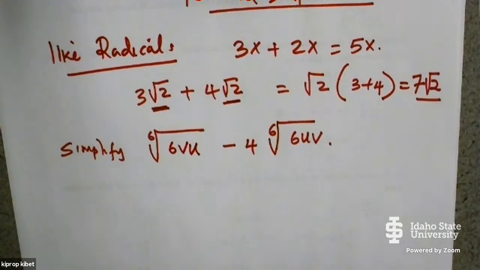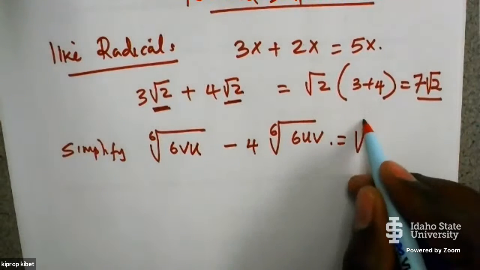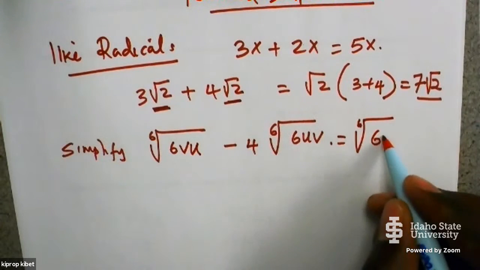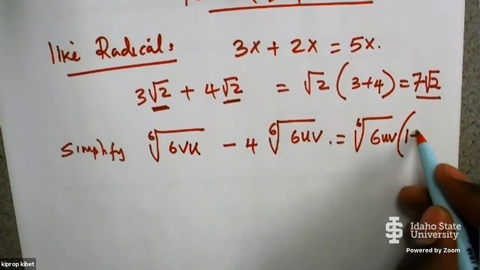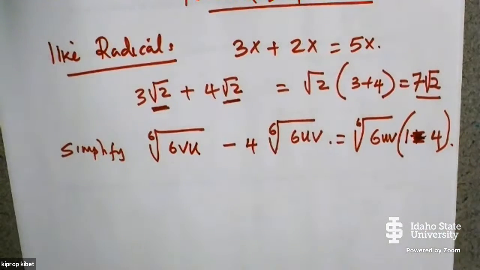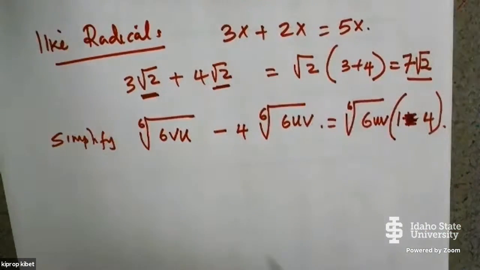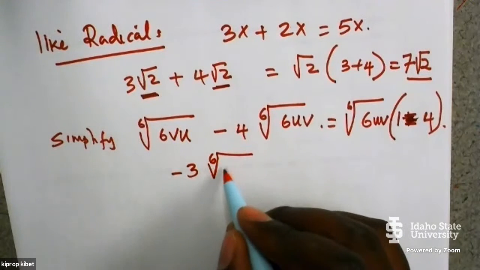So this one is similar to that, so then you can factor out that radical, the 6th root of 6uv. Inside is 1 minus 4, which you get minus 3. So minus 3, the 6th root of 6uv.